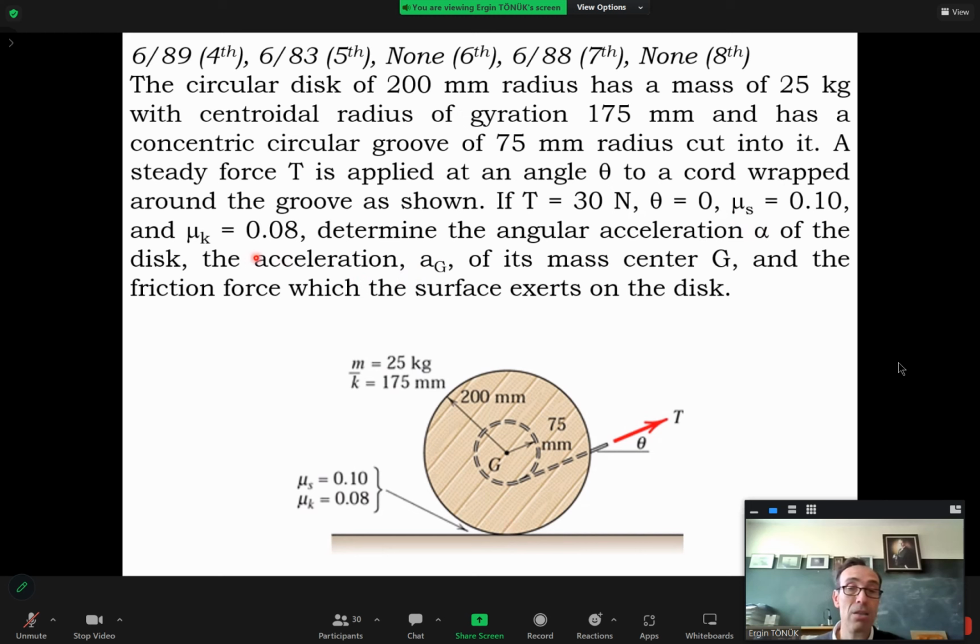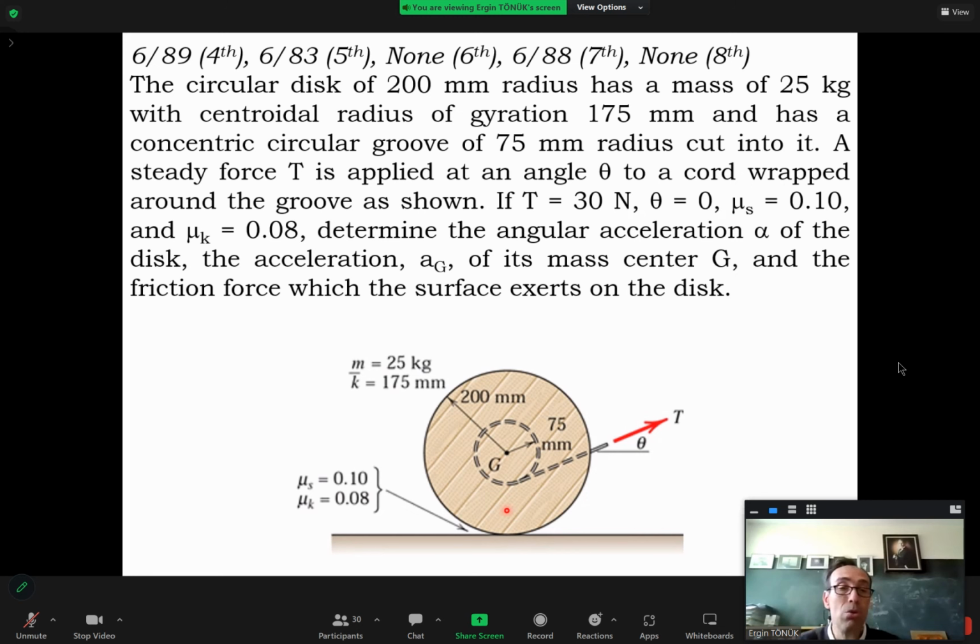And we are asked to determine the acceleration of this mass center and the angular acceleration of the disk. Also, the friction force between the ground and the disk are asked, okay?